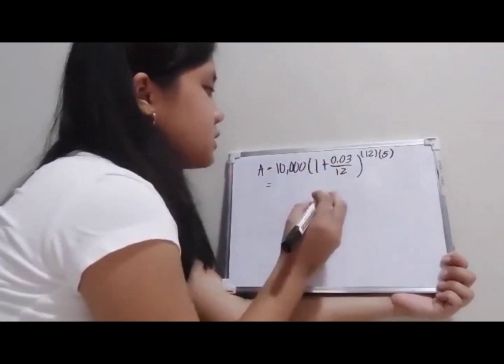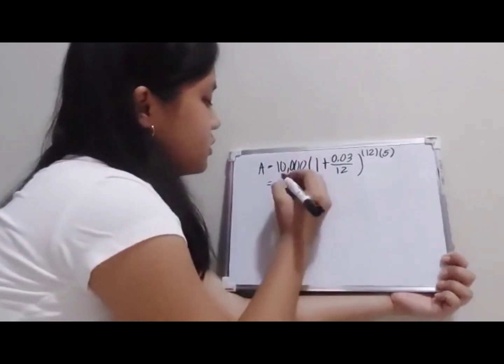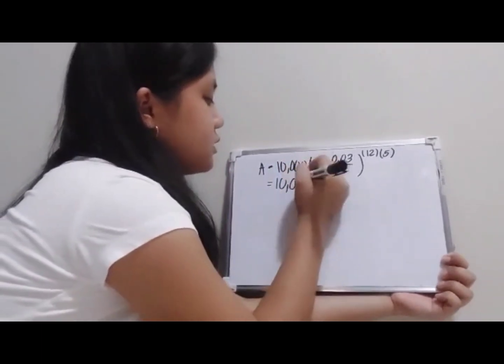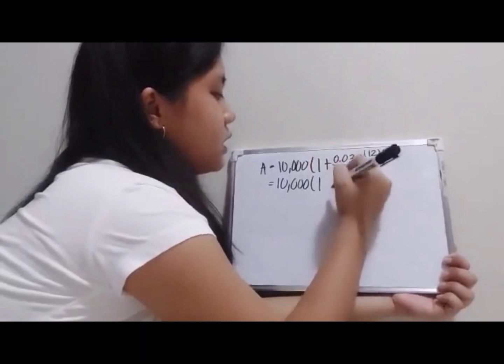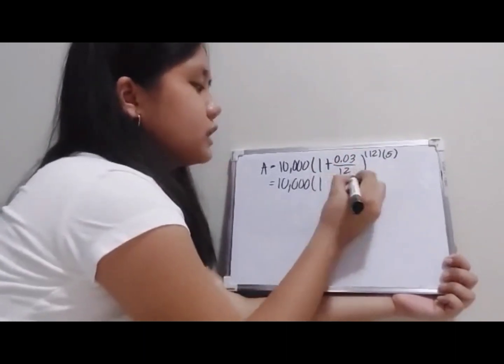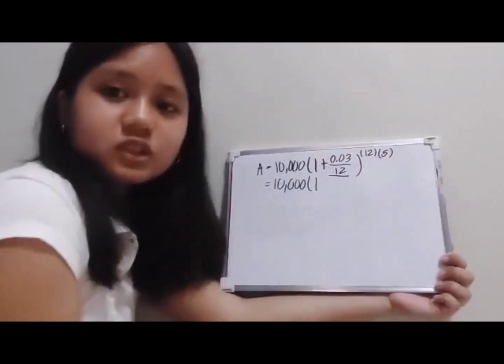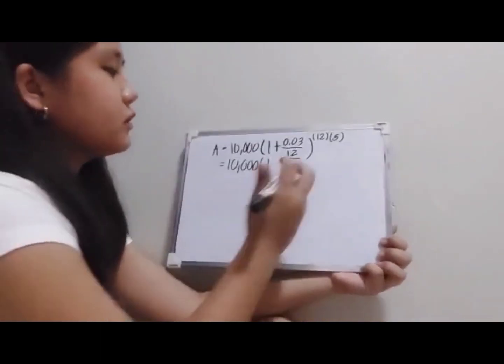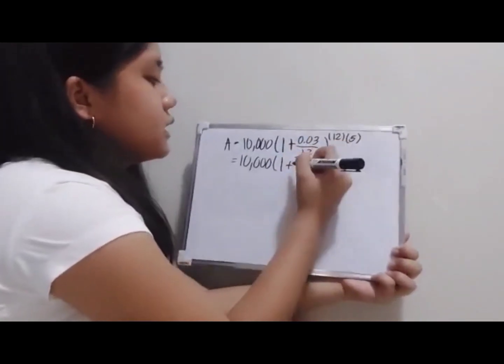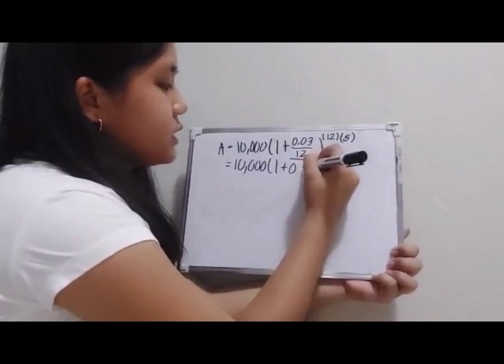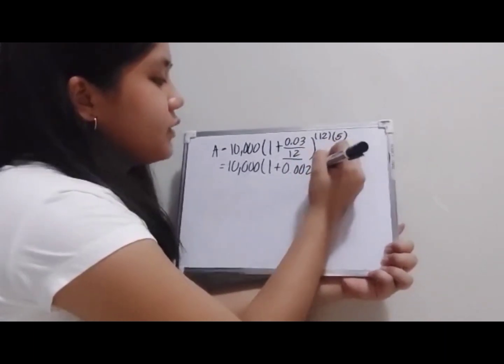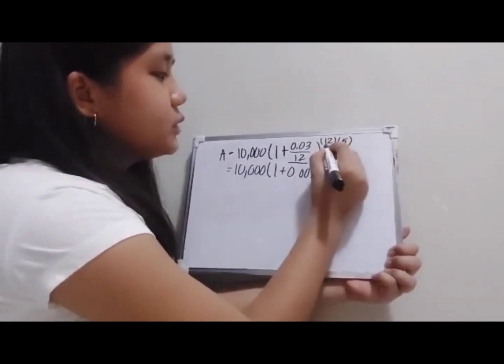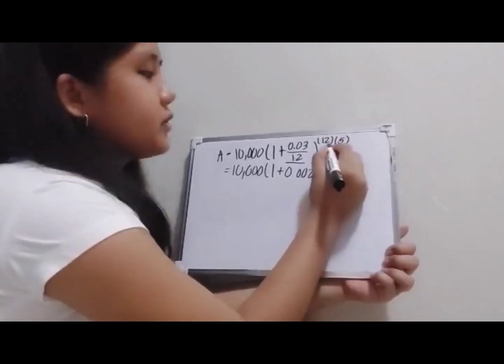Then, to continue, 10,000 times 1 plus 0.0025 raised to the power of 12 times 5. You can use your calculator in solving for it.